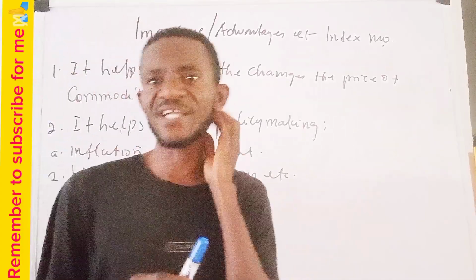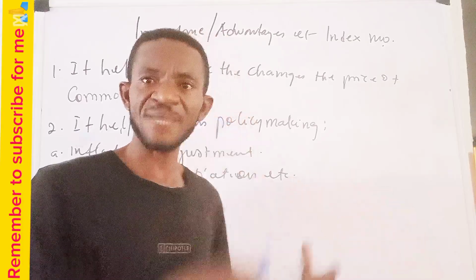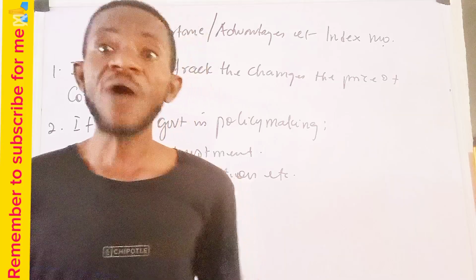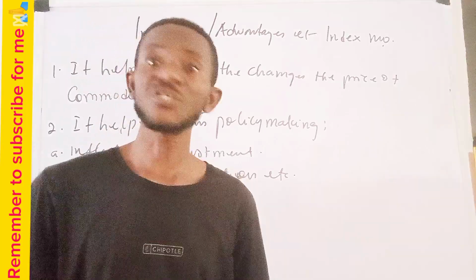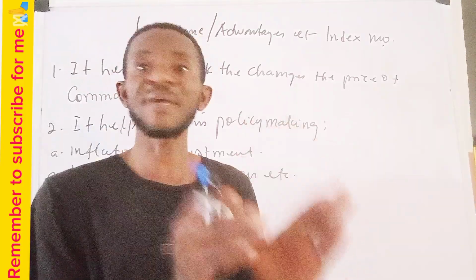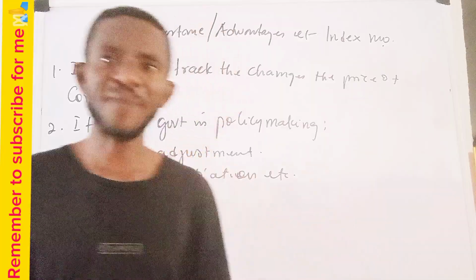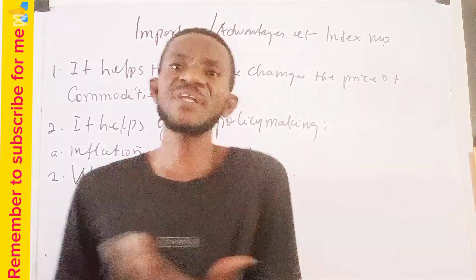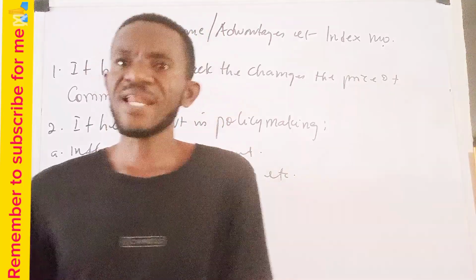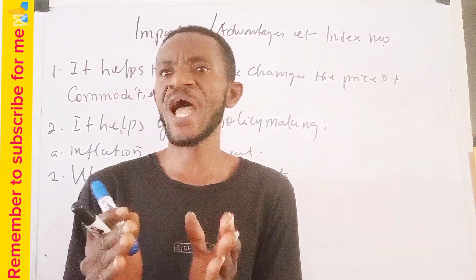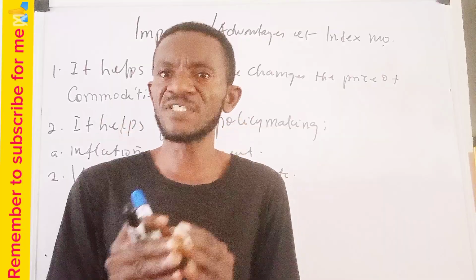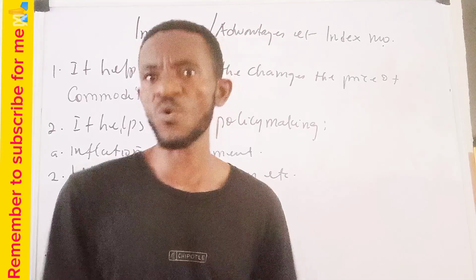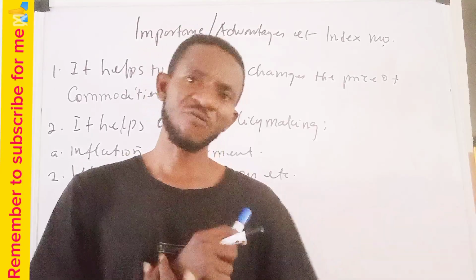What else again do we think that index number helps us with? It equally helps us see how a particular economy functions or the growth within a particular economy. How do we mean by this? Assuming we are talking about the quantity index, where somebody is saying that in 2000, about 30 bags of a particular commodity were manufactured, and in 2025 you are telling us a different number of bags.